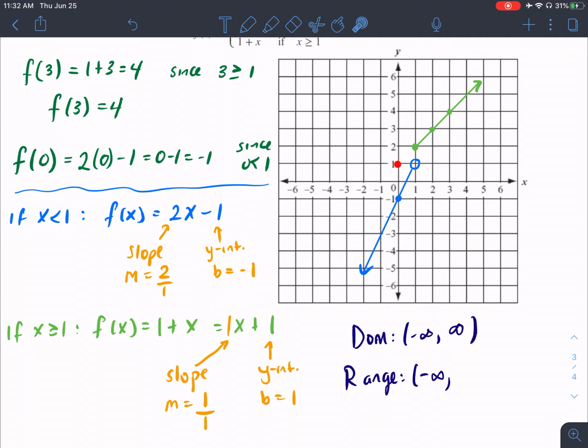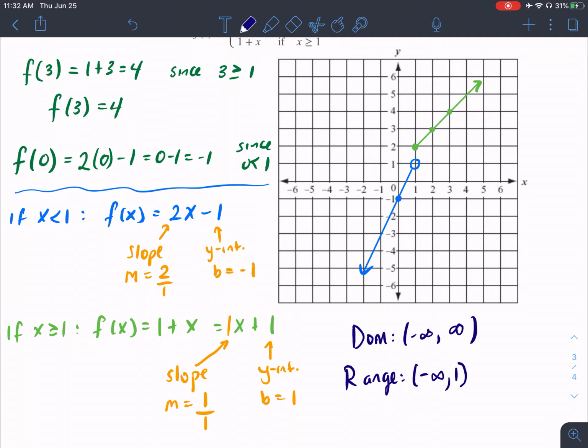Notice that there is no part of either the blue or green part of the graphs that uses 1 as a y value for a point. So the y value 1 is not an output value. So it is not in my range. So we're going to exclude 1.